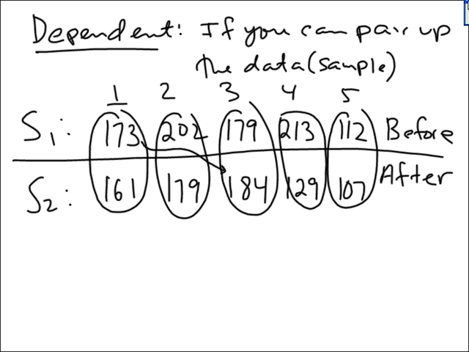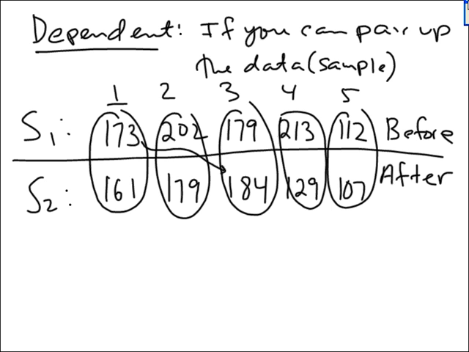But to pair up 173, the before weight of person 1, and the after weight of person 3, that makes no sense. Somebody before weighed 173, and now somebody after weighed 184. That's meaningless to us because they're not paired correctly.